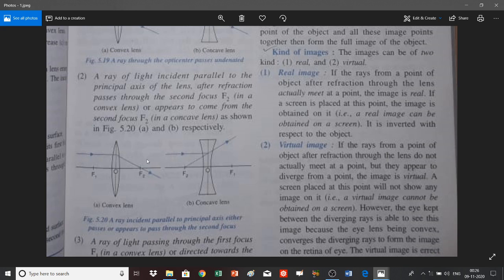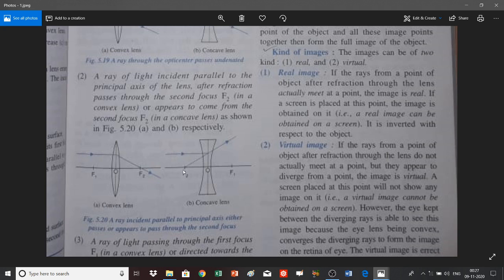In a similar way, if you take another ray of light in this direction, parallel to the principal axis, it will pass through the point f2 after being refracted by the lens. This is the convex lens. If you take the concave lens, and a parallel ray falls on the lens, parallel to the principal axis, then it will diverge, and it will seem that this diverging ray comes from the principal focus.